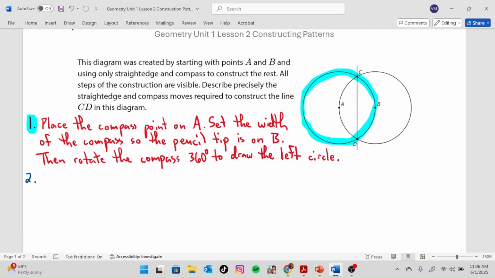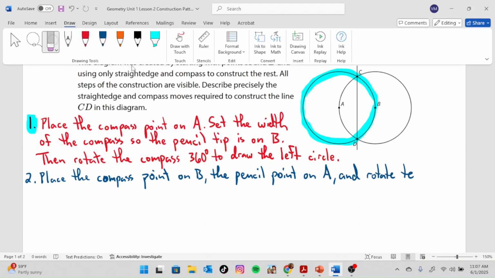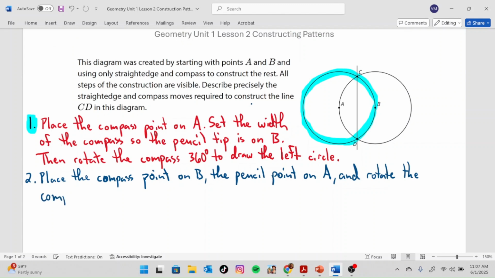The next thing we would do is repeat the steps, but this time place the compass point on B, the pencil point on A, and rotate the compass 360 degrees to draw the right circle.